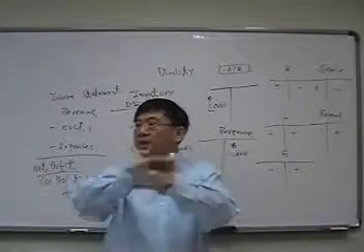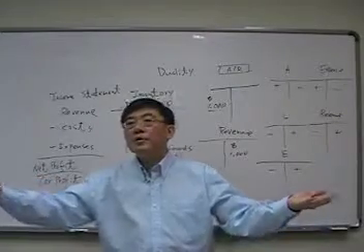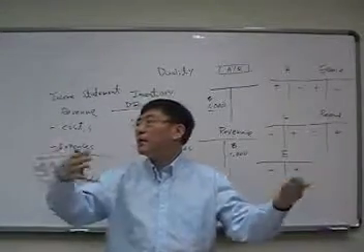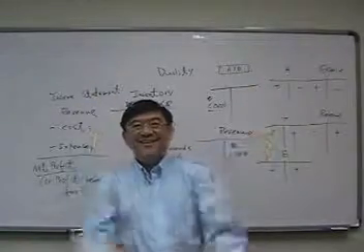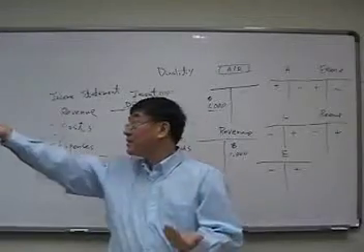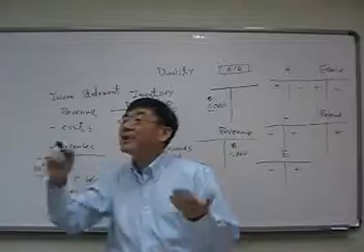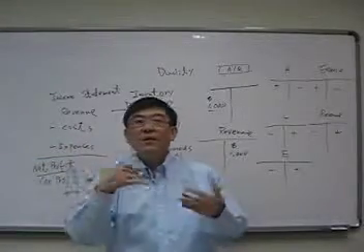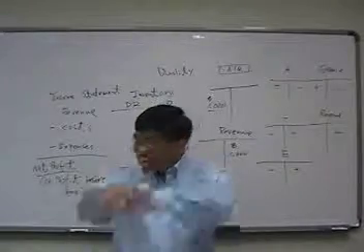So for this transaction, tell me two accounts involved. On this side, accounts payable, right? And what about the other one? Inventory. And you say inventory number 2 because for a big company, you have hundreds, millions of inventory items.